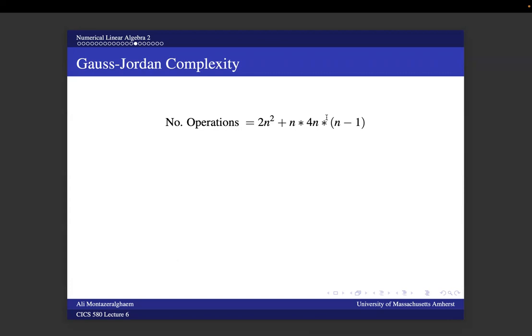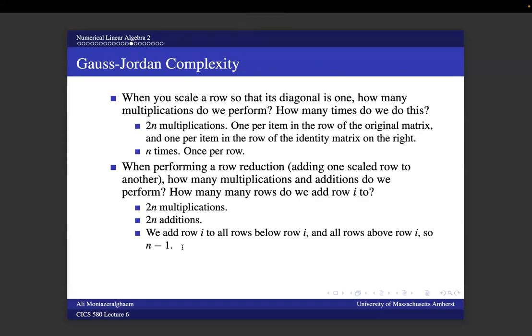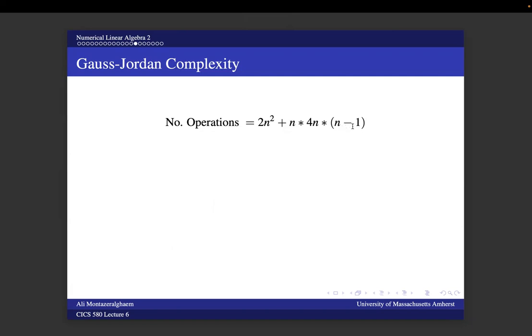Then we have another operation for all rows below this row and the rows above this row, so we also have n minus 1 here. We just need to multiply these numbers by each other, and after some simplification, the number of operations in this algorithm is minus 2n squared plus 4n cubed, which is equal to big O of n cubed, which means that the complexity of this algorithm is n cubed.